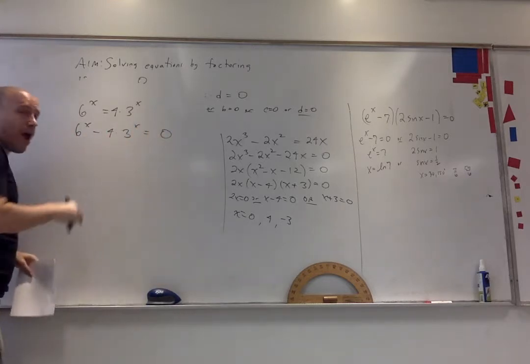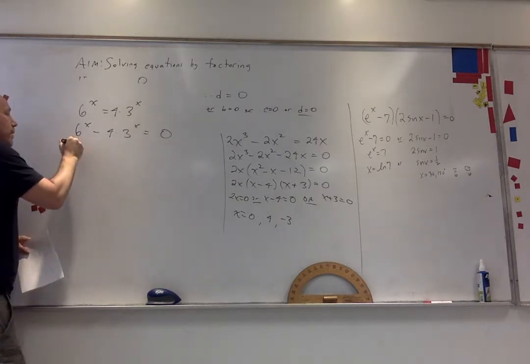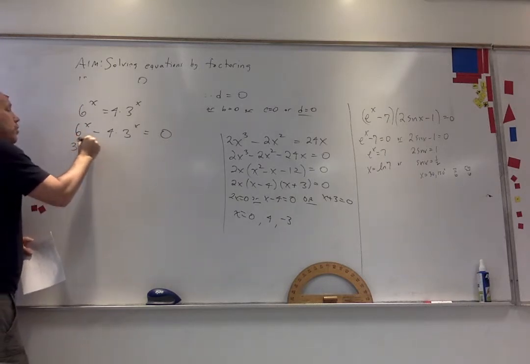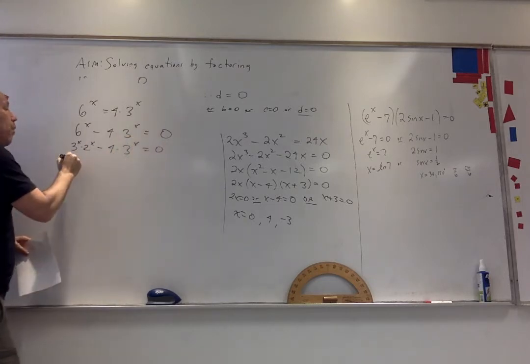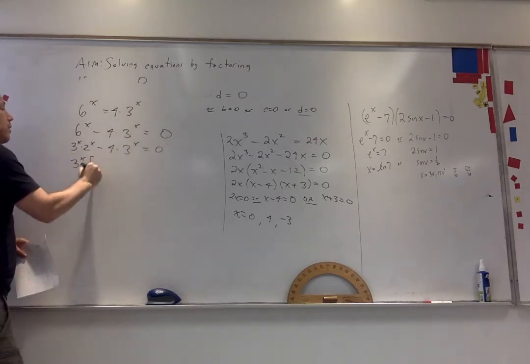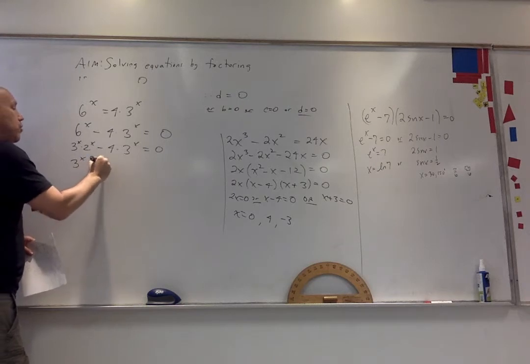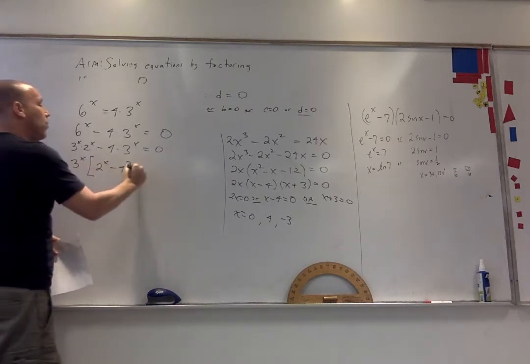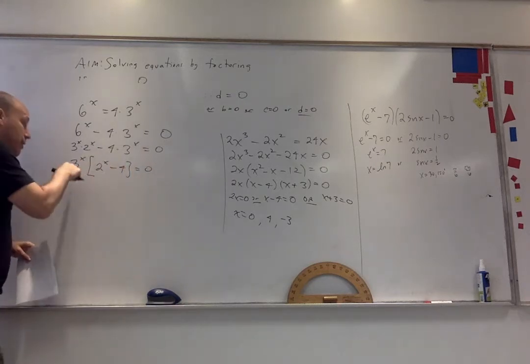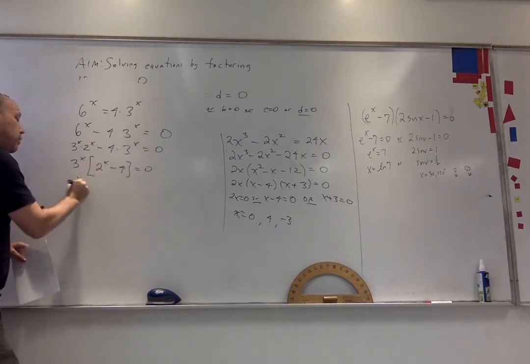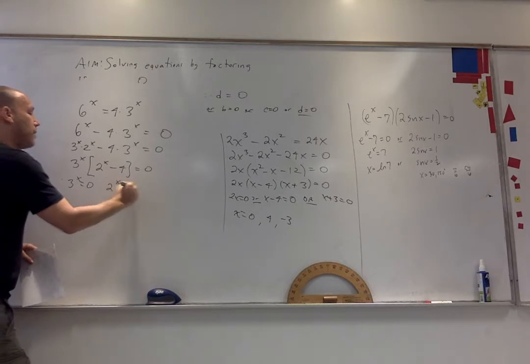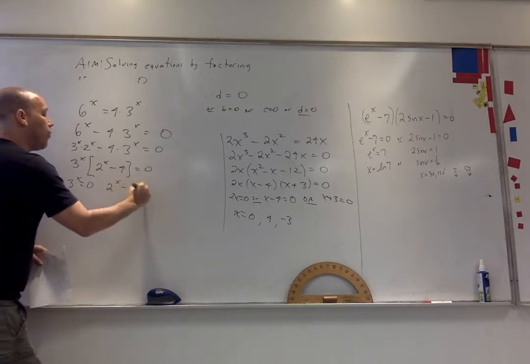Well, from your exponent chapter, I'm going to write this as 3 to the x times 2 to the x minus 4 times 3 to the x. I'm going to pull out a 3 to the x. So I'm left with 2 to the x minus 4 equals 0. I have something times something equals 0. 3 to the x equals 0. 2 to the x minus 4 equals 0.